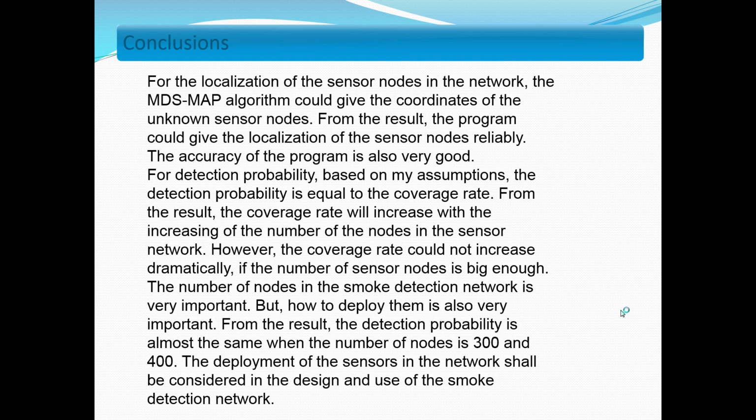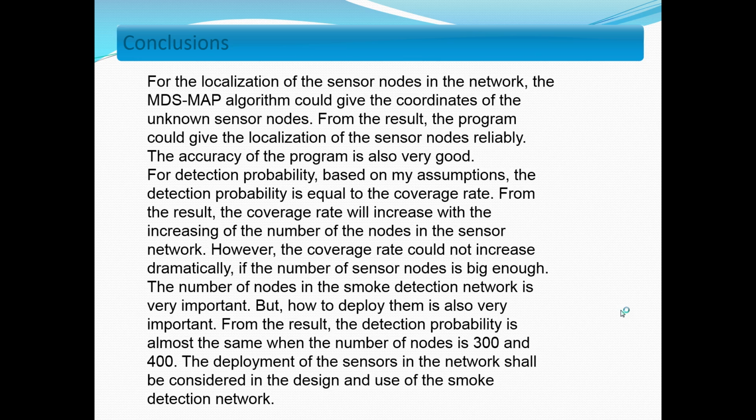Conclusions for my project. For the first problem, the localization of the sensor nodes in the network, the MDS map algorithm could give the coordinates of the unknown sensor nodes. From the result, the program could give the localization of sensor nodes reliably. The accuracy of the program is also very good. For detection probability, based on my assumption, the detection probability is equal to the coverage rate. From the result, the coverage rate will increase with increasing numbers of nodes in the sensor network.